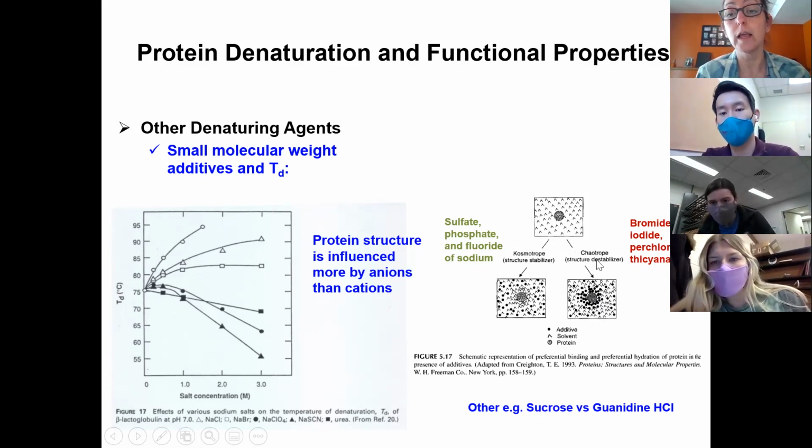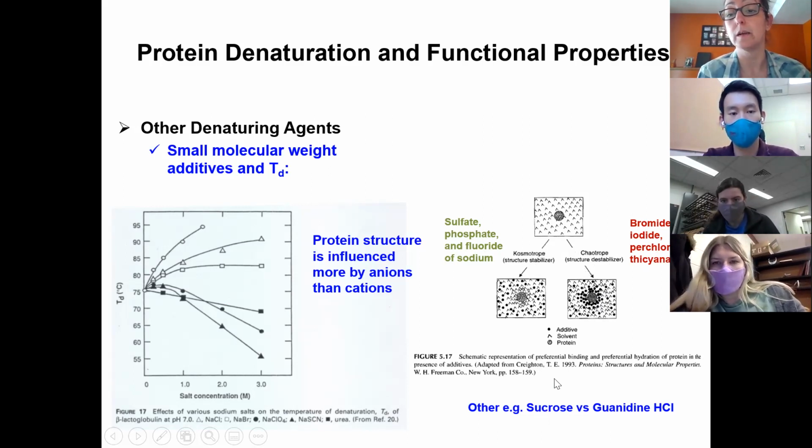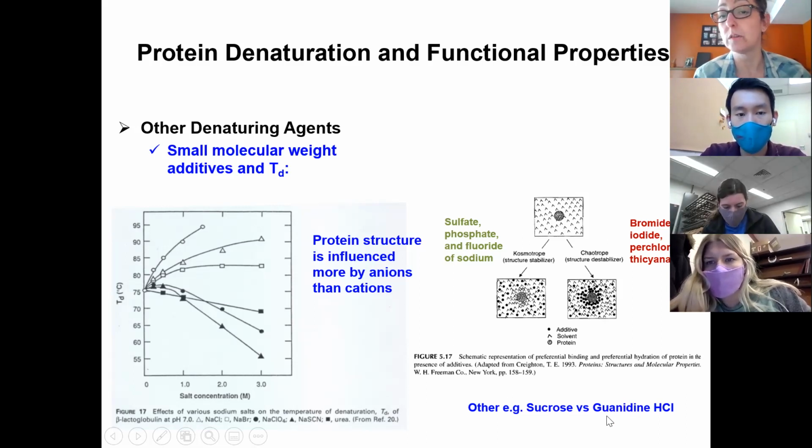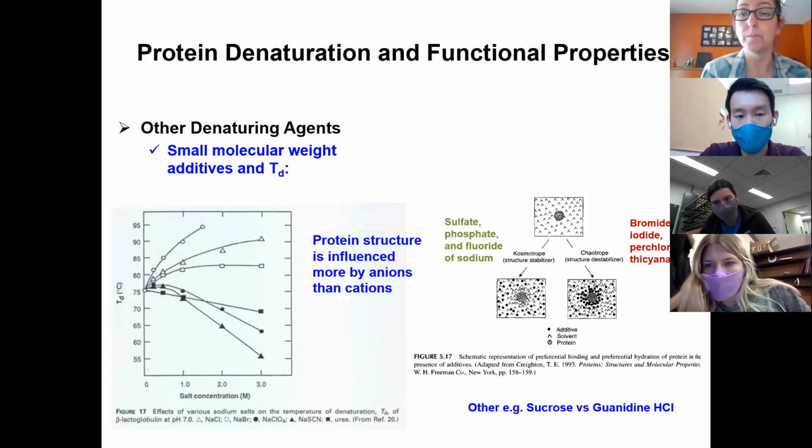So other chaotropes can be sugar. So sucrose can be a small molecular weight compound that also stabilizes proteins, whereas guanidine HCl is destabilizing, a small molecule that will interact closely, strongly with the protein and destabilize the protein.